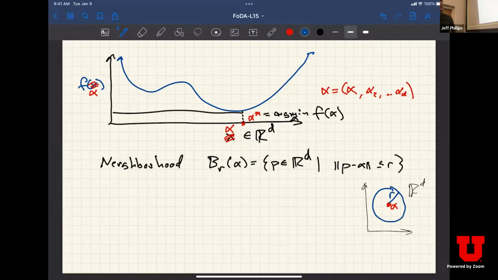Okay, and how large does the radius have to be? The radius just has to be strictly greater than 0, but it can be small, right? So I want to consider a small region around a point alpha, and I just need to find some local region around it.